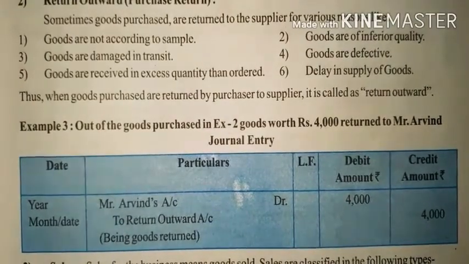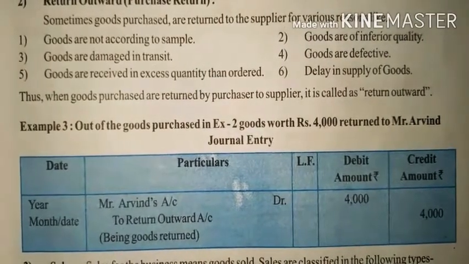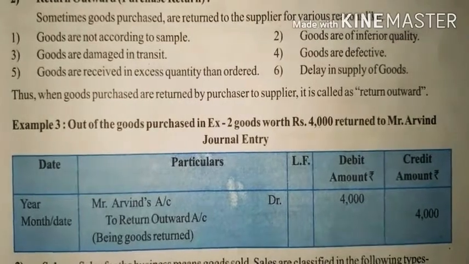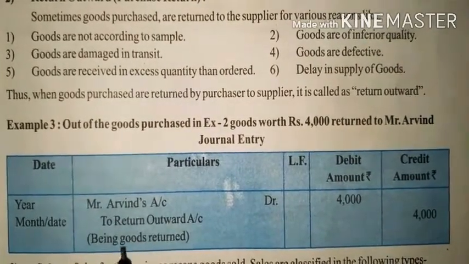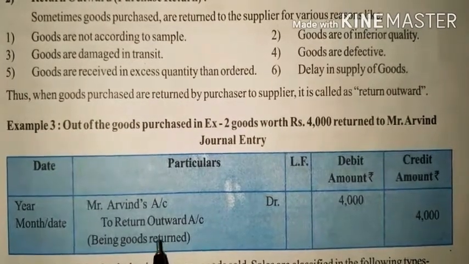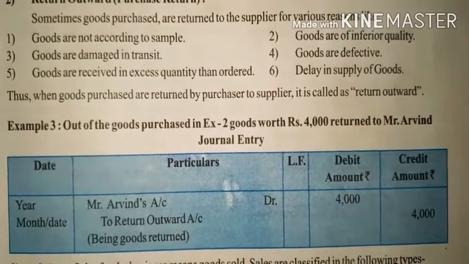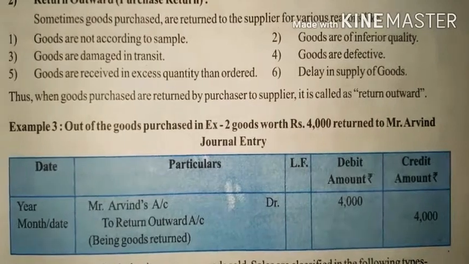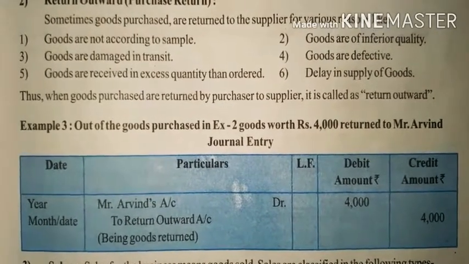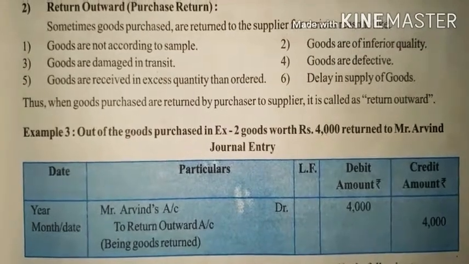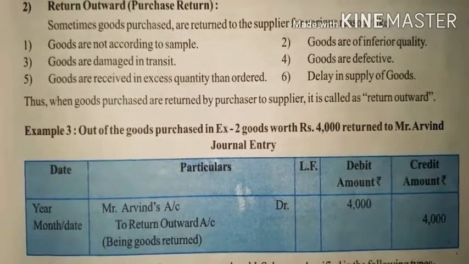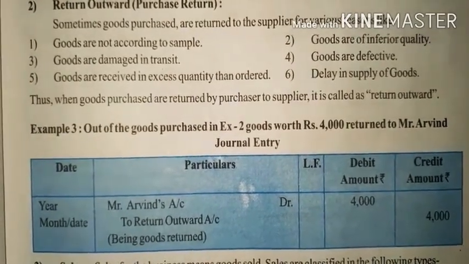And the second effect you are going to give is to the return outward account, because you have returned goods to Mr. Arvind. So the credit effect is going to be return outward. Now purchases is a nominal account. So what is the rule for a nominal account? Debit all expenses and losses, credit all gains and income.